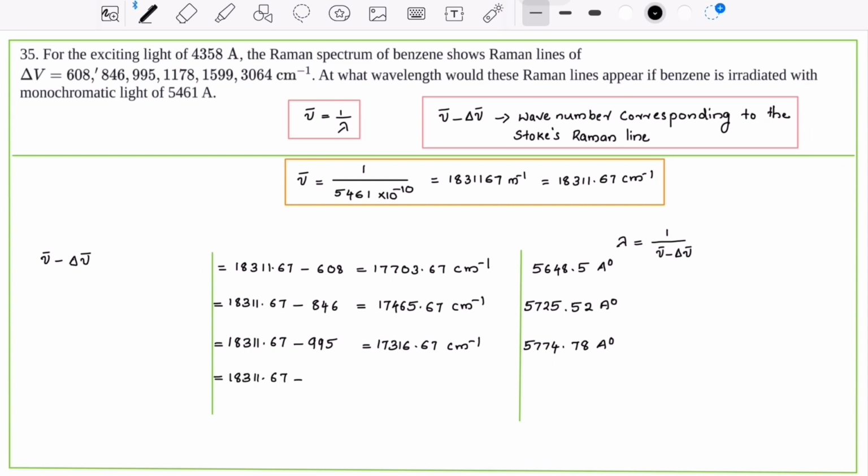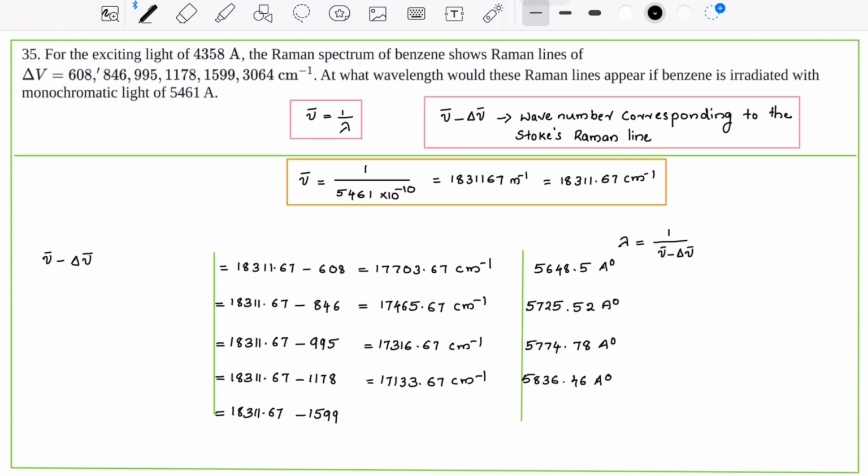Now for a shift of 1178 centimeter inverse, the position of the Stokes Raman line is at 133.67 centimeter inverse, and the corresponding wavelength is 5836.46 angstrom. And if the shift is 1599 centimeter inverse, the position of the Stokes Raman line is at 16712.67 centimeter inverse. The corresponding wavelength is 5983.49 angstrom.